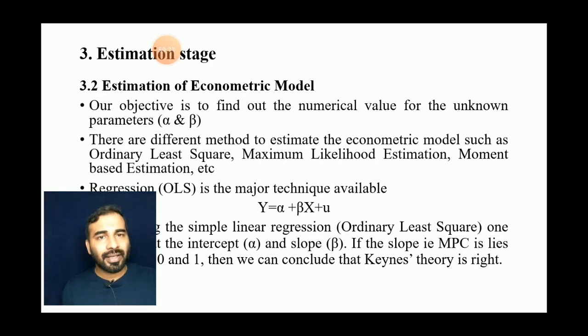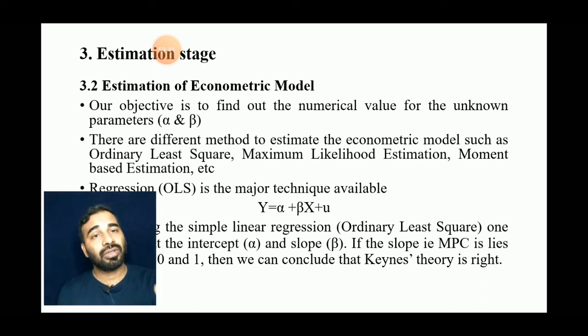Clear? How to find the value for alpha and beta? The value for alpha is autonomous consumption. The value for beta is known as MPC. So getting the value for autonomous consumption and MPC is the estimation procedure.